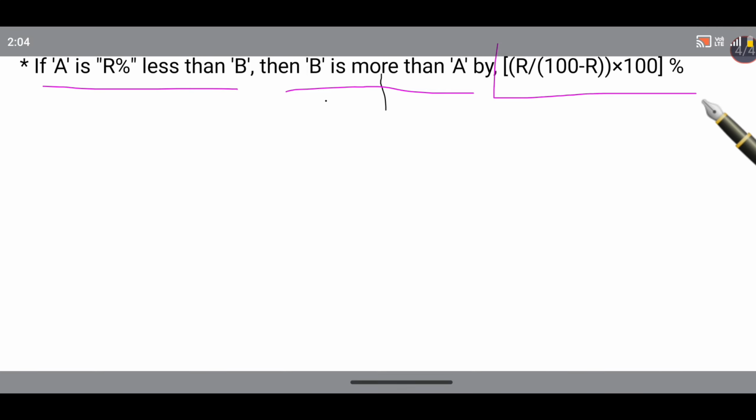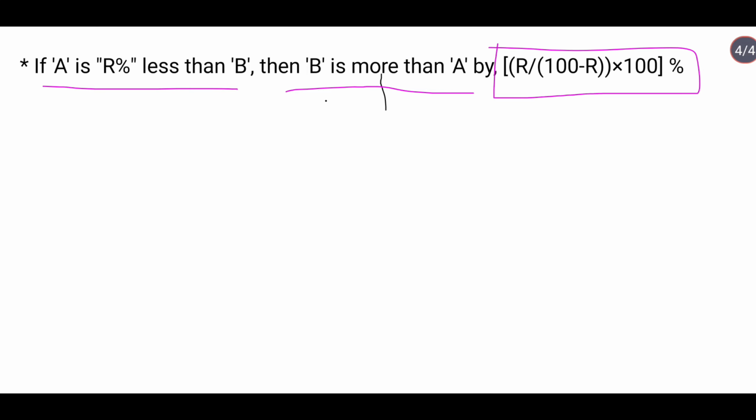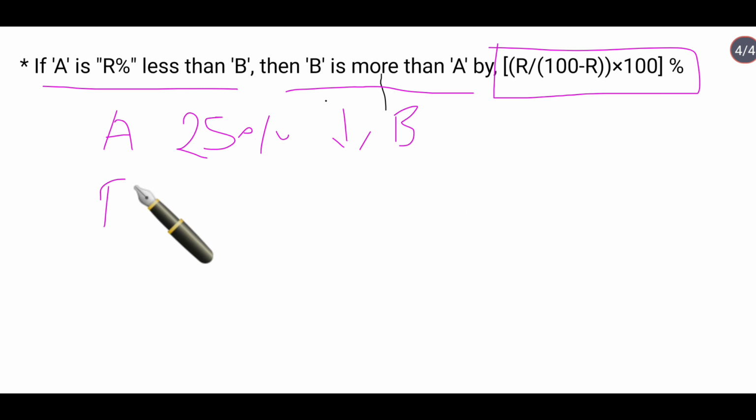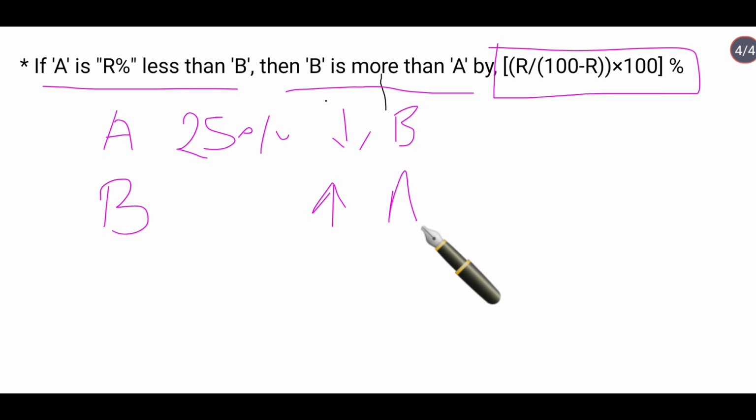Next formula: if A is R% less than B, then B is more than A by R divided by 100 minus R into 100%. Let's take an example. If A is 25% less than B, then B is more than A by what percentage? Very simple, just use this formula.